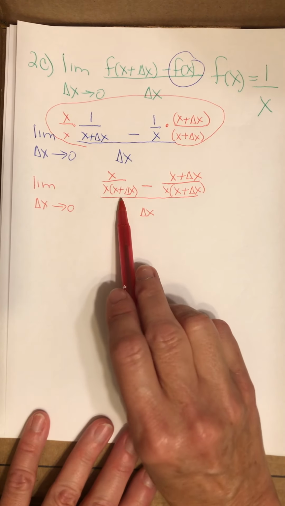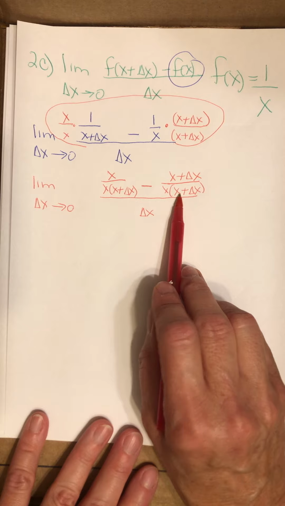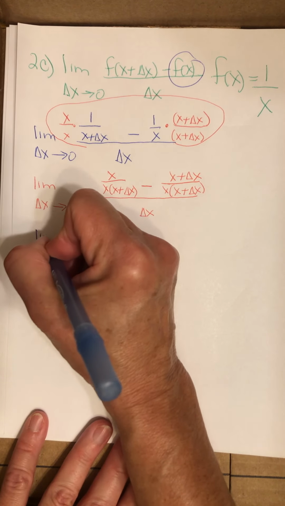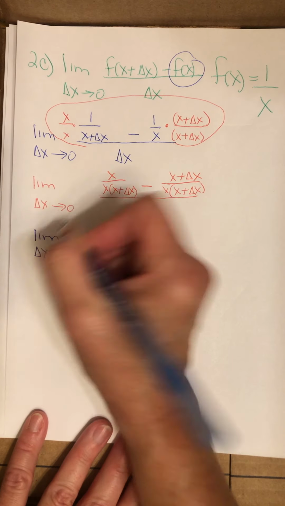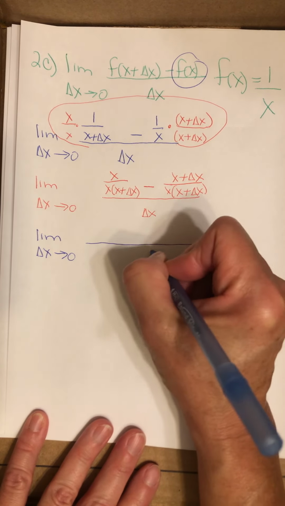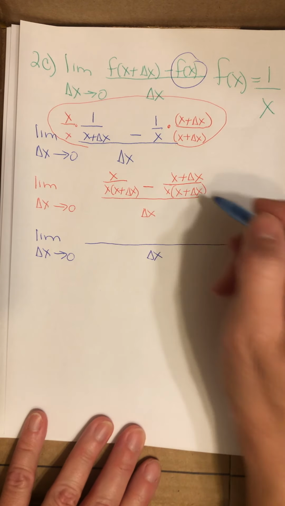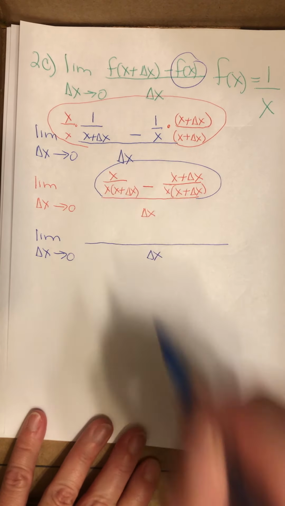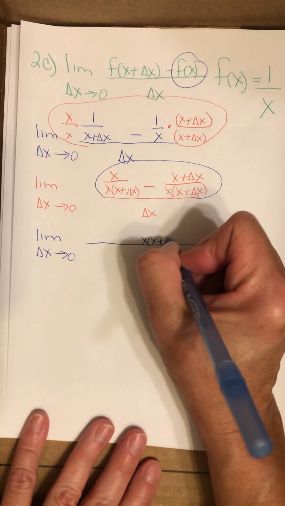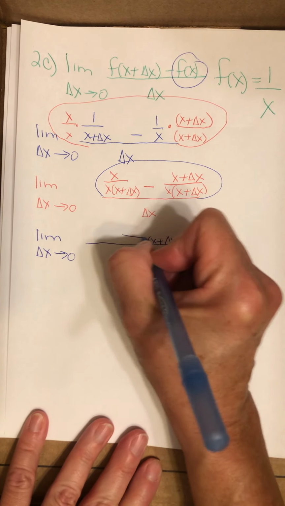Okay, we obviously have a common denominator in the numerator. Let's bring that together as one fraction. Again, I'm going to have you watch super carefully here in the numerator. Okay, here is my common denominator in the numerator.